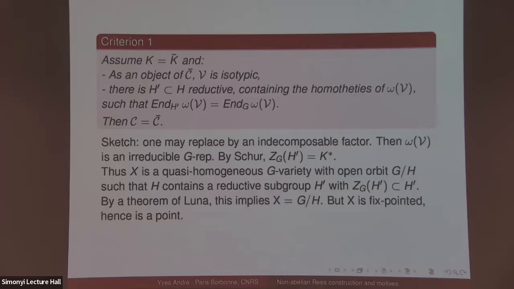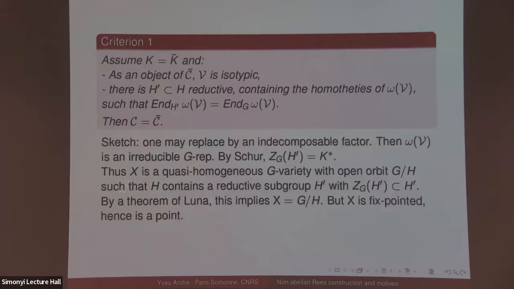So let me sketch the proof. This is not long. First, I replace this object by an indecomposable factor. This changes nothing. I assume this object is indecomposable. It corresponds to an irreducible representation of G. Then, since K is algebraically closed, the centralizer in G, or even in the automorphisms of omega, of this group H dash is just K star.